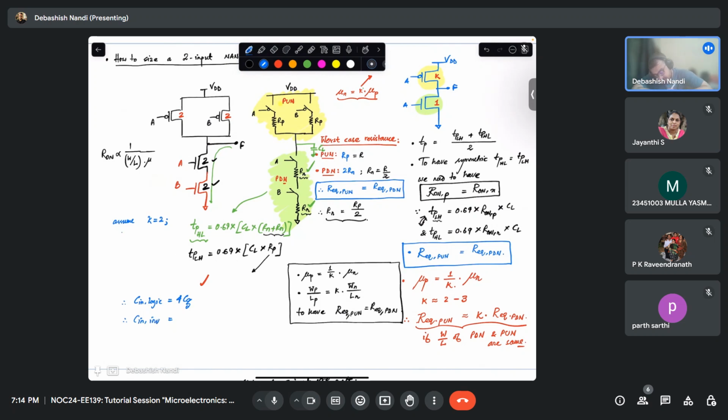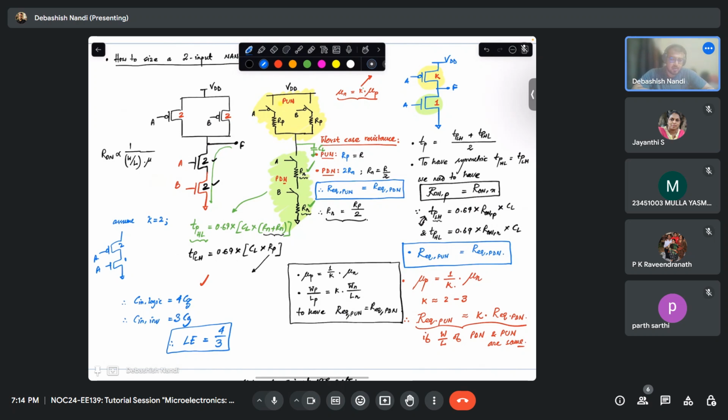If you draw an inverter with the mobility ratio of 1:2, you will get 2 and 1. So you will get 3CG. So what is your logical effort? 4 over 3. Okay.